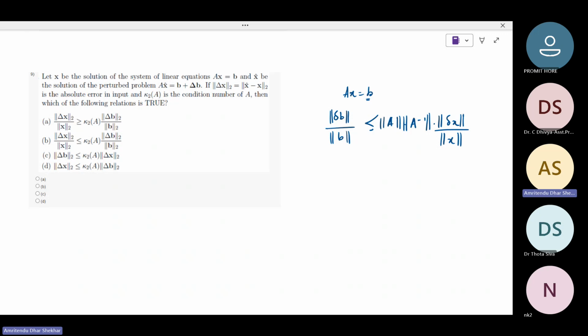Now, when you're solving a system of equations, you solve x as equal to A inverse of b. So it is basically a matrix vector multiplication operation that you are doing.